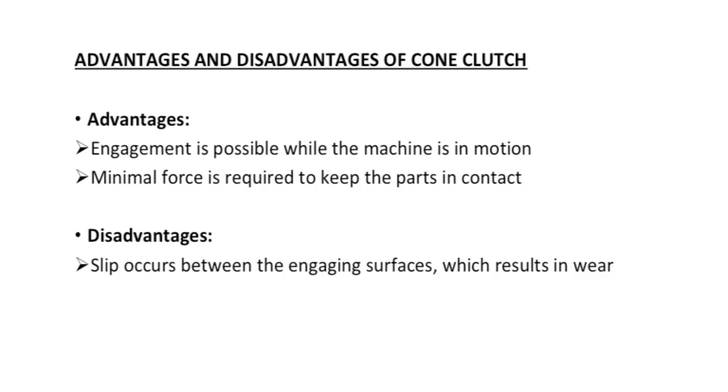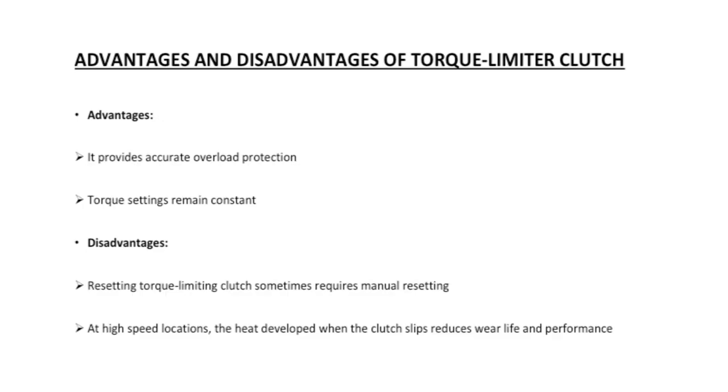And then advantages and disadvantages of a torque limiter. The advantages: they say it provides accurate overload protection. Torque settings remain constant. Then the disadvantage is that resetting a torque limiting clutch sometimes requires a manual to reset. So you must have a manual of this type of clutch to reset the torque.